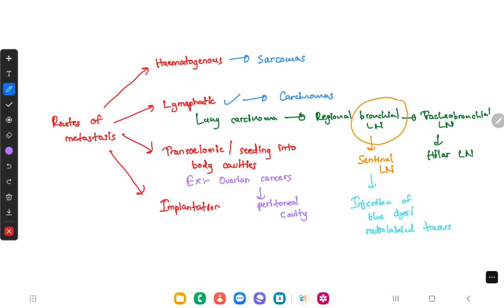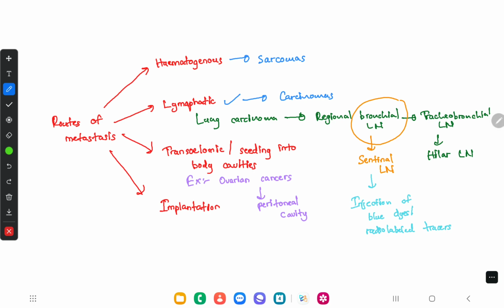Another example is neoplasms of the central nervous system, such as medulloblastomas and ependymomas, which may penetrate into the cerebral ventricles and be carried by cerebrospinal fluid as well.